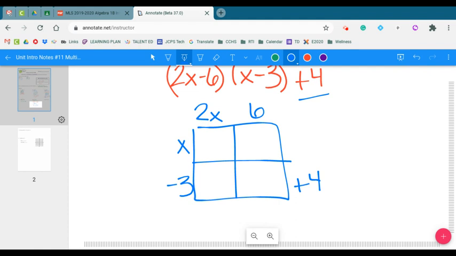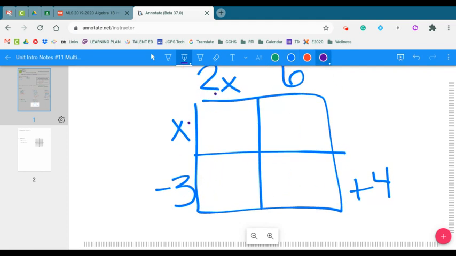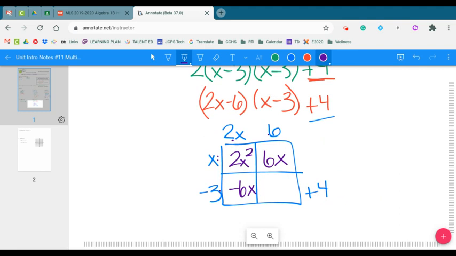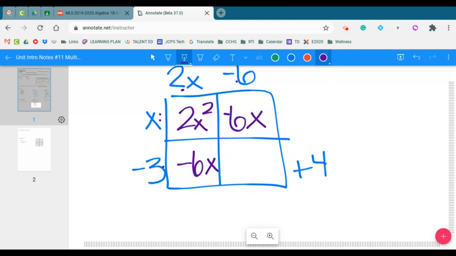So I'm going to put plus 4 down there. 2x times x is going to give me 2x squared. Negative 6 times x is going to give me negative 6x. 2x times negative 3 is going to give me negative 6x. Oh, I did something wrong. This should be a negative 6. Sorry, guys. So that should be a negative 6x. I knew I did something wrong. And then negative 6 times negative 3 is going to give me a positive 18.